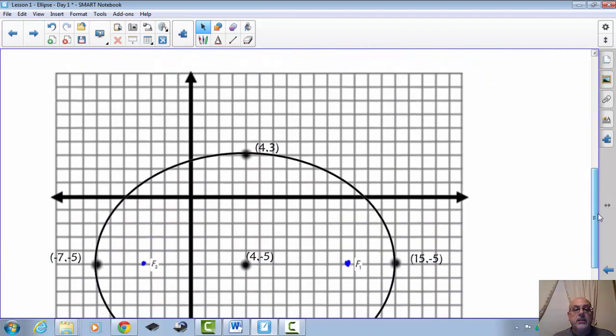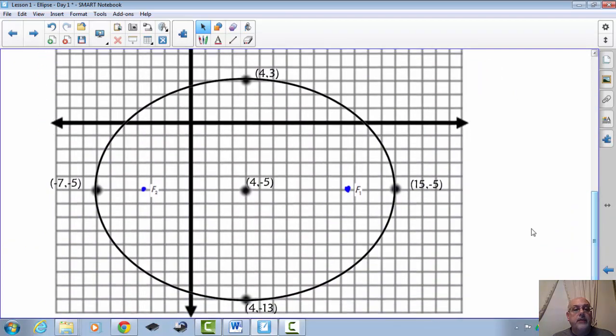So if we take a look at this, here's the graph. I actually used the drawing tool to draw the ellipse because, as we know, my drawing skills are just so great. So here I plotted the center, which is the first thing I told you to do up at the top. Then I told you to count from the center to the right 11 boxes, and that's this point here. Go back to the center. I said count to the left 11 boxes. Then I said, again, back to the center, count 8 boxes up, count 8 boxes down.